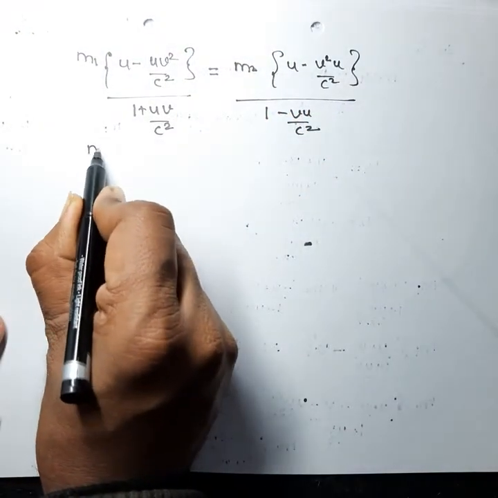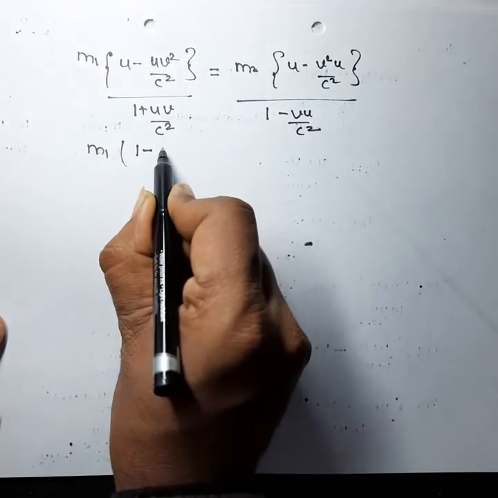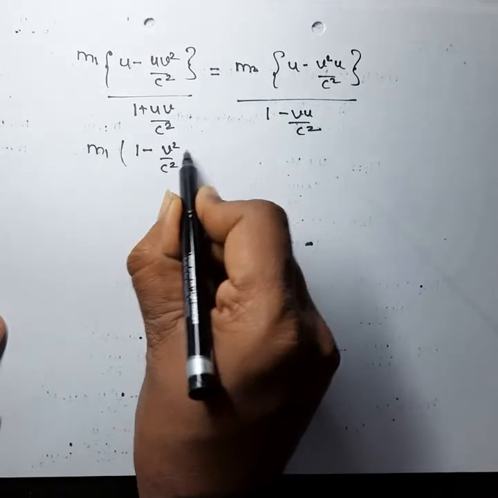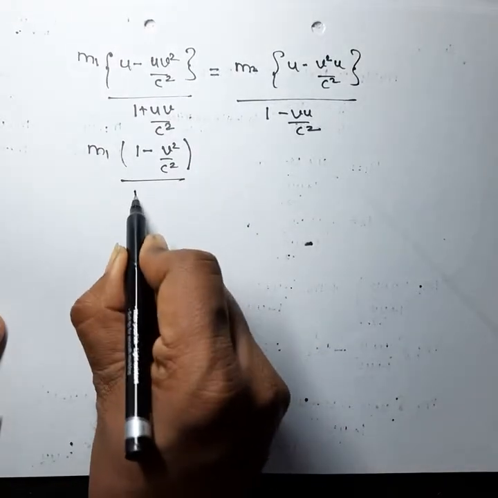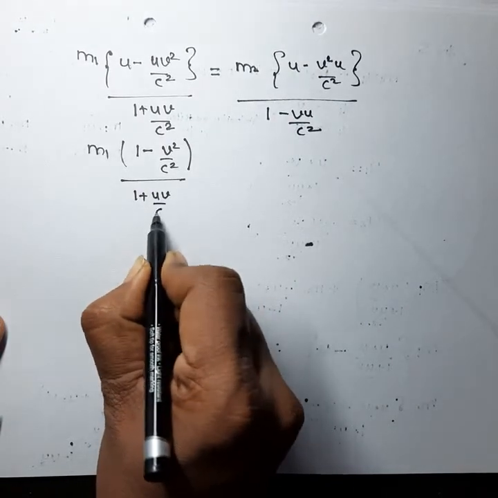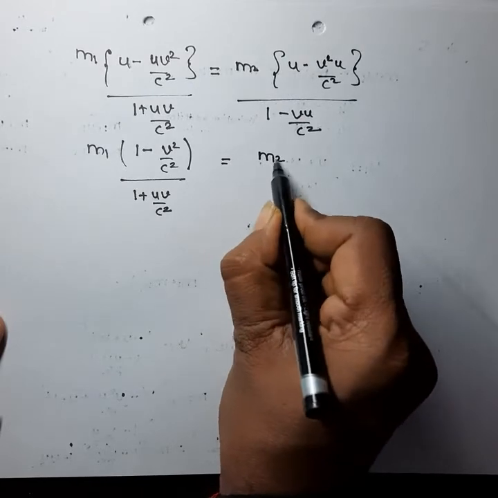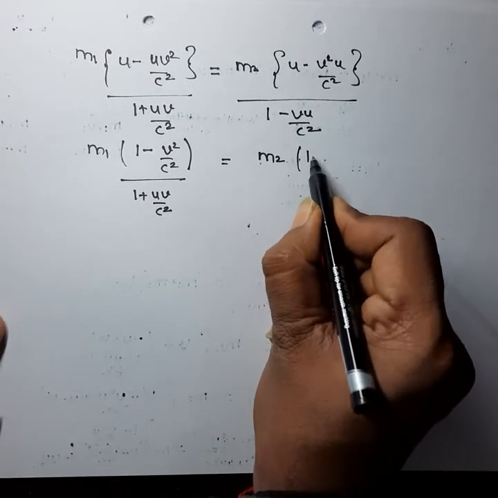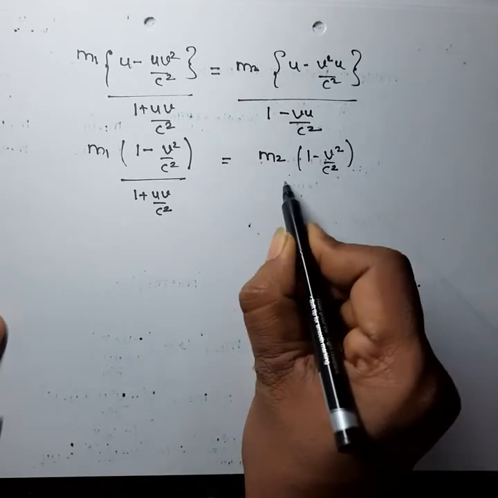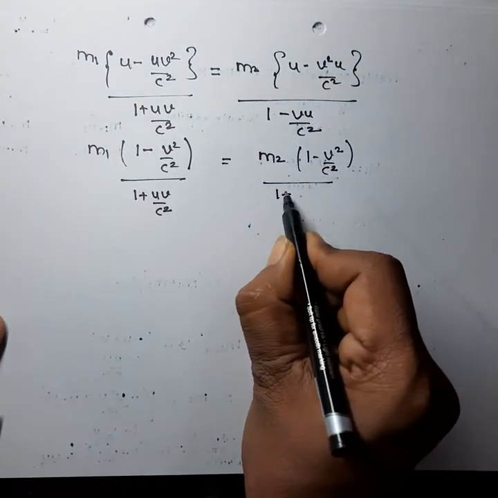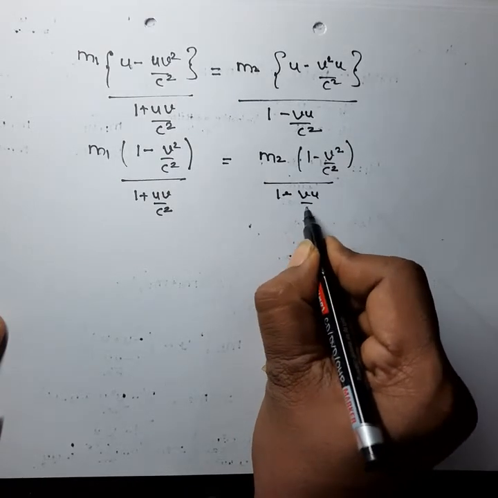Now we will have the expression m1 times 1 minus v square by c square divided by 1 plus uv by c square. Similarly on this side you can write m2 times 1 minus v square by c square divided by 1 minus vu by c square.